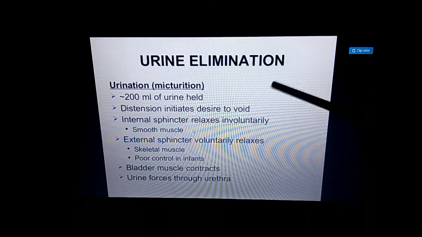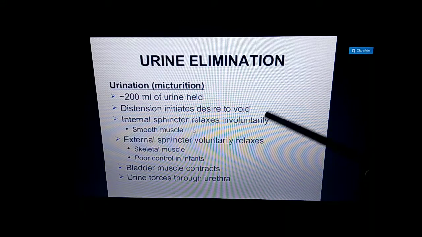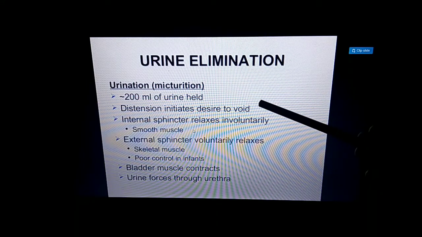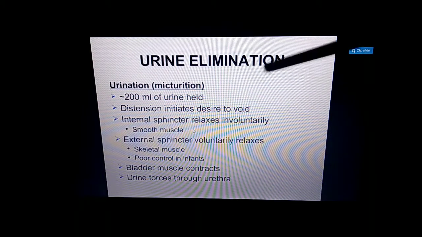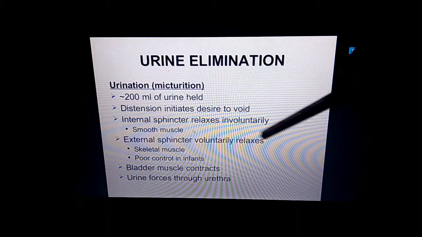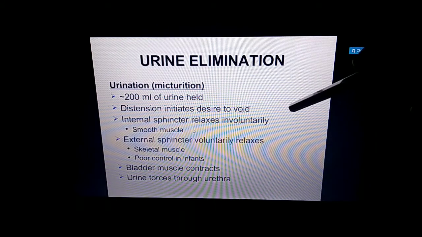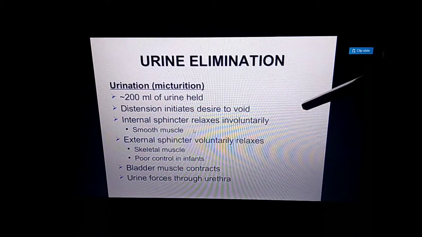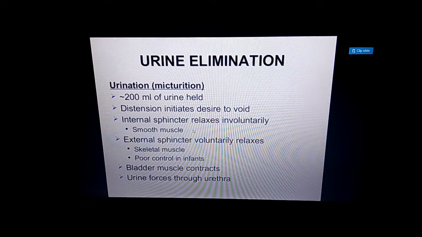Then urine elimination. Urination means micturition. About 200 ml of urine is held. On a daily basis, the normal range of urine elimination is 1500 ml per day. If urine excretion is more than 1500 ml, the patient has polyuria.